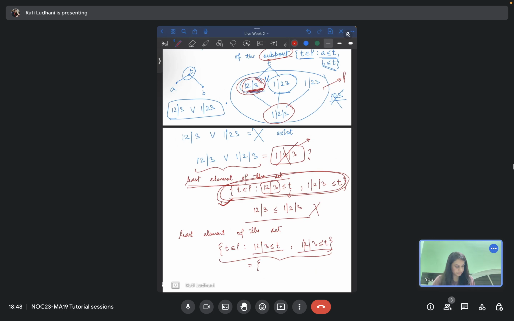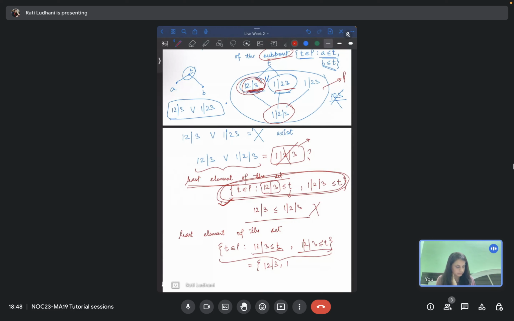Yes, we can have it because this is the same, so there is no issue, and this is the closed one. So 1 bar 2, 3 is definitely less than or equal to 1 bar 2, 3, right? So we can have it.